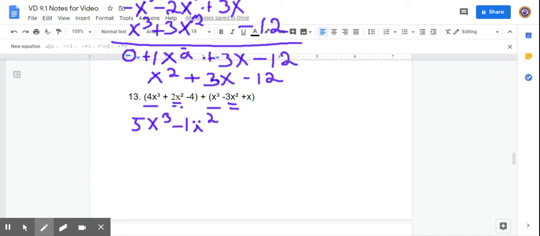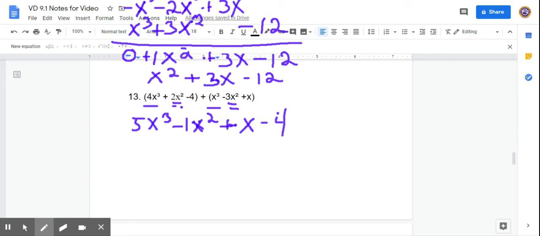Remember now, standard form, highest to lowest exponent. So when we look to see what's left, we have a negative 4 left and an x left. We can't add them because they're not like. So we put the x next because we need to go highest to lowest exponent on the variables. So all the variables have to go first. Then the last thing you're going to do is put the constant. So 5x cubed minus 1x squared or minus x squared plus x minus 4.